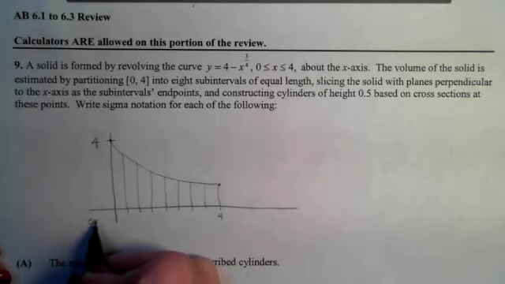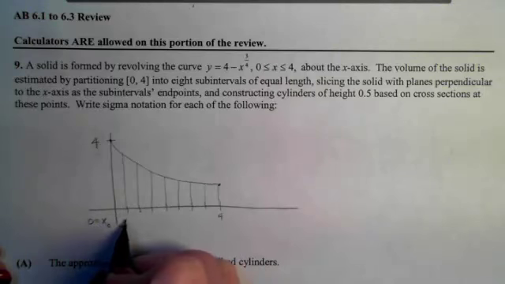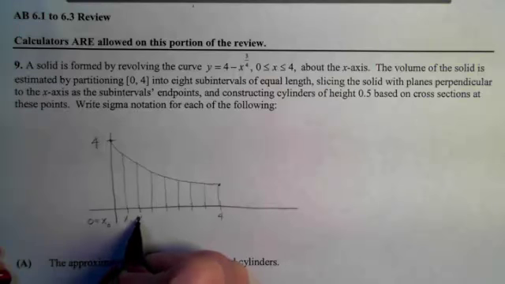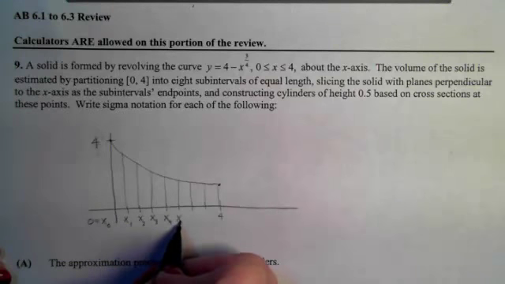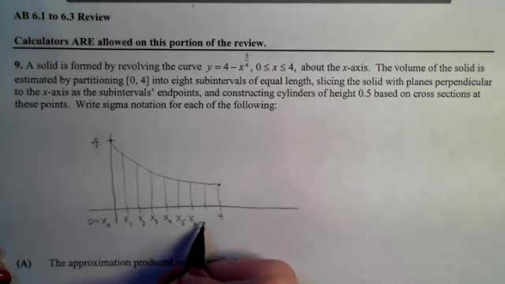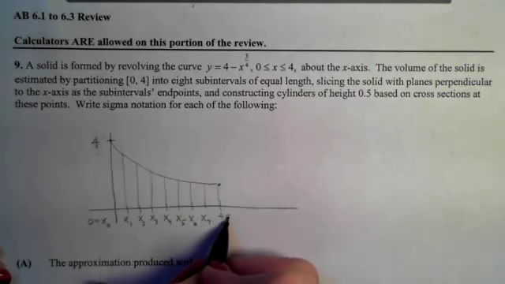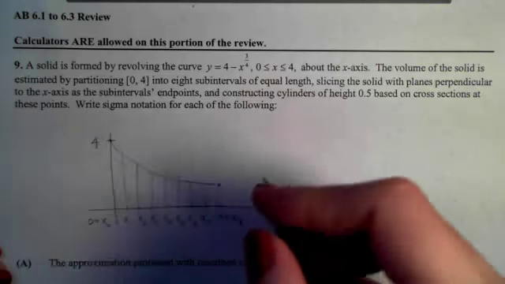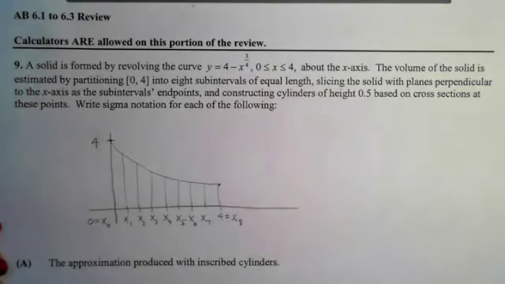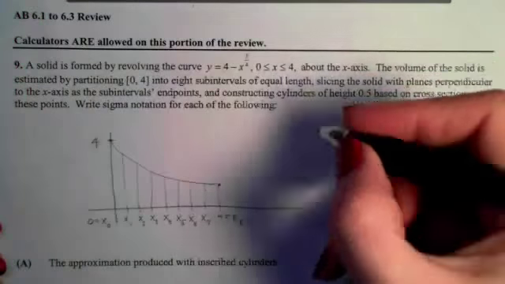So this first left coordinate is going to be x sub 0. This will be x sub 1, x sub 2, x sub 3, all the way up to x sub 8. And we're going to write these approximations using sigma notation and x sub i's. So all 3 of these are going to be variations on this sort of setup.